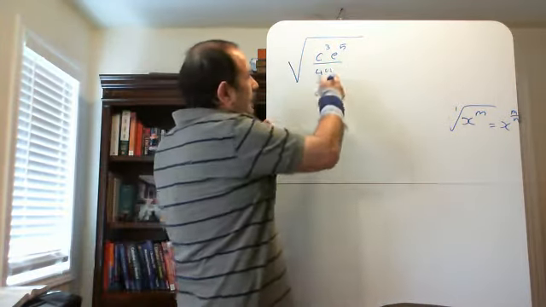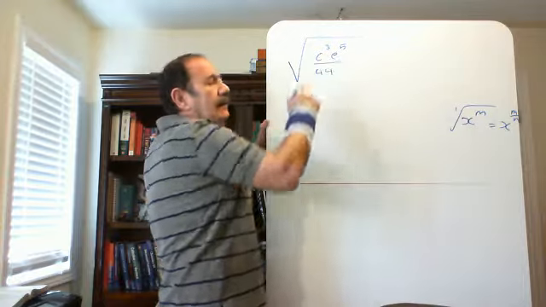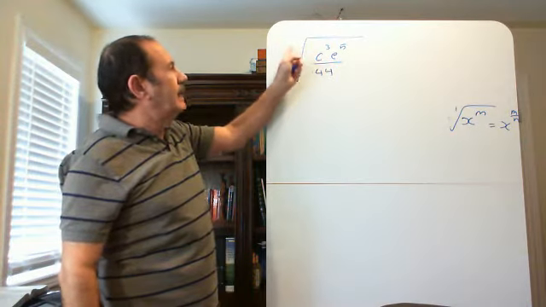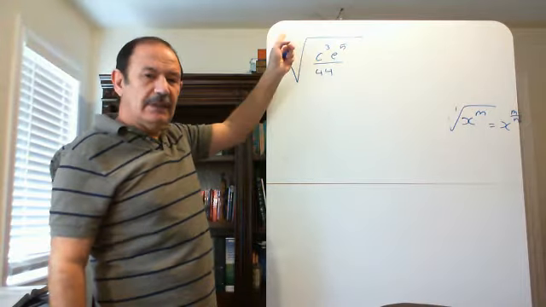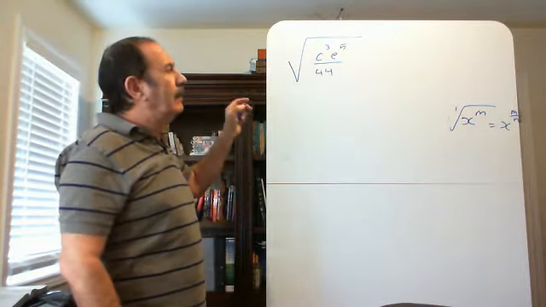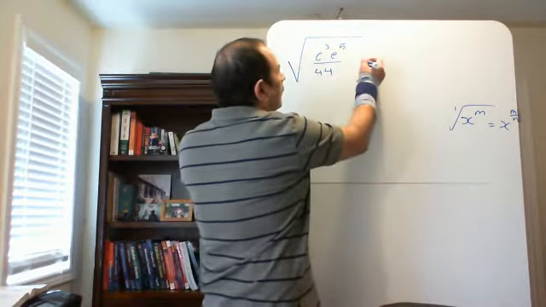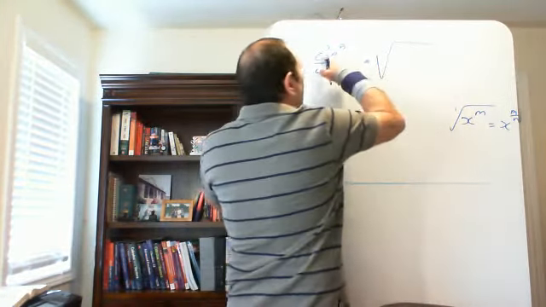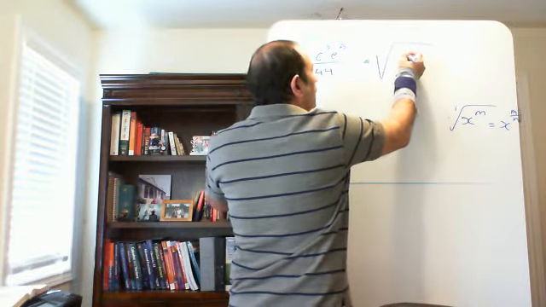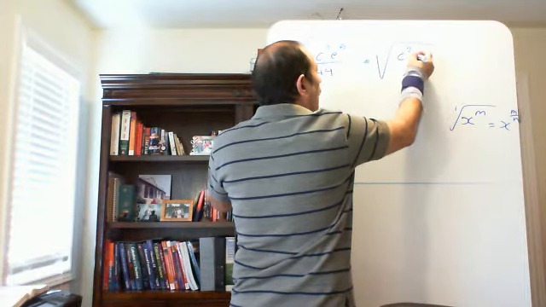Again, separate the even exponents. Because the index of the radical is blank, all the even exponents are divisible by 2, so we can take them out of the radical. For this one, c to the power of 3, I can write it as c to the power of 2 times c.